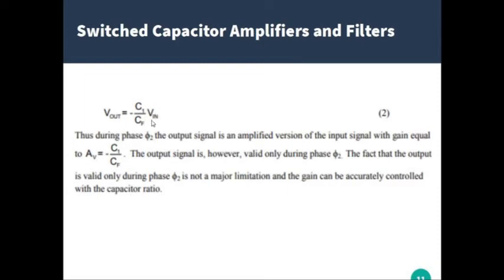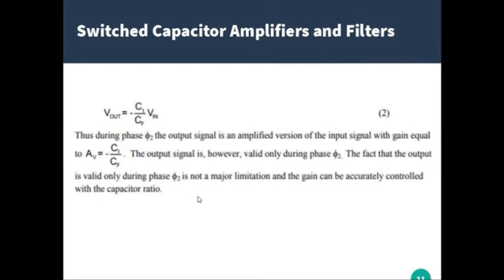Thus, during phase phi sub 2, the output signal is an amplified version of the input signal with gain equal to negative C1 over C sub F. The output signal is, however, valid only during phase phi sub 2. The fact that the output is valid only during phase phi sub 2 is not a major limitation, and the gain can be accurately controlled with the capacitor ratio.